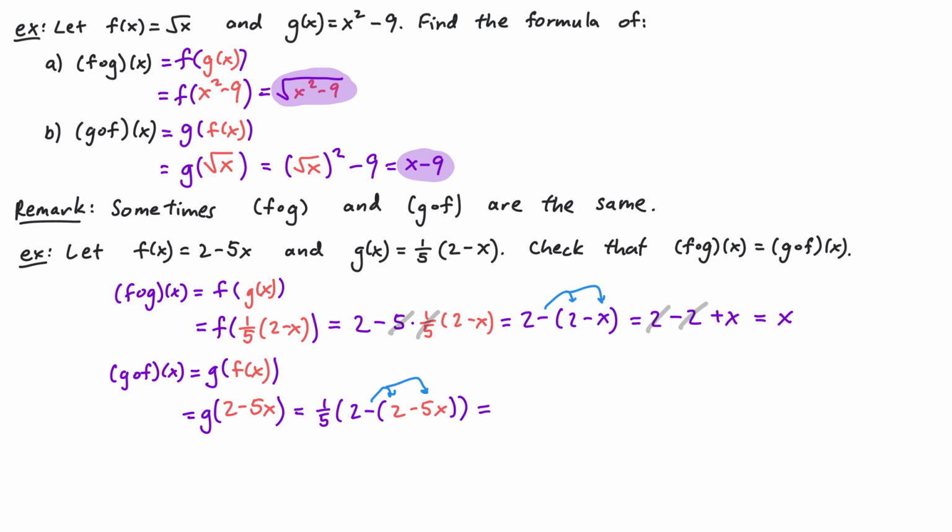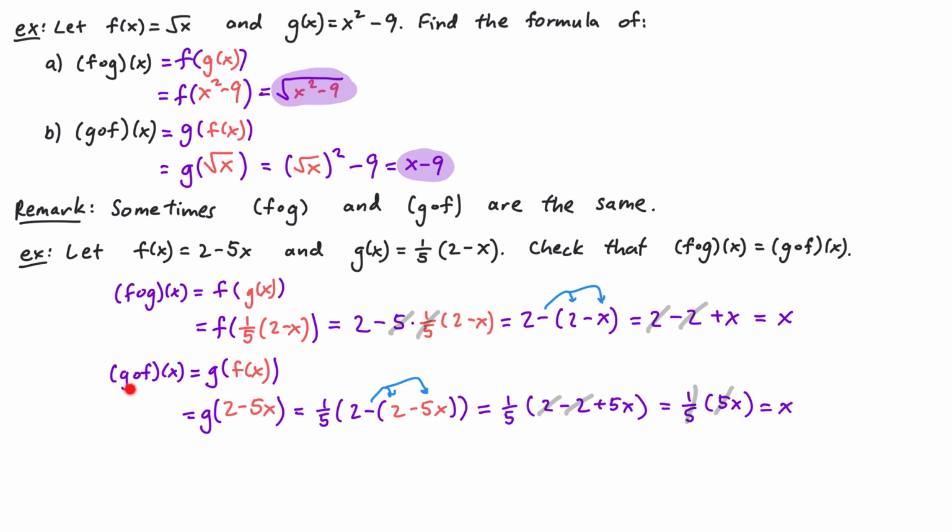That's going to give us 1/5 times 2 minus 2 plus 5x. And we see here that the 2 and the minus 2 will cancel each other out, leaving us with 1/5 times 5x. And here, the 1/5 factor will cancel out with the 5, leaving us with just x again.